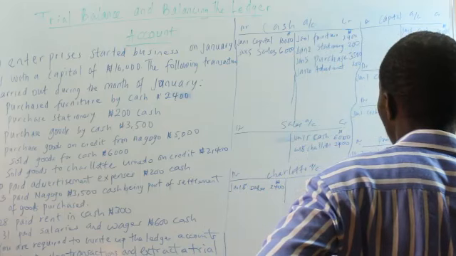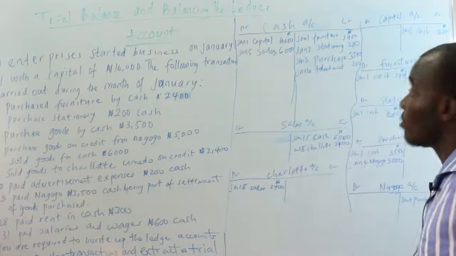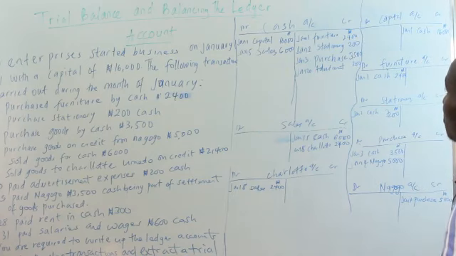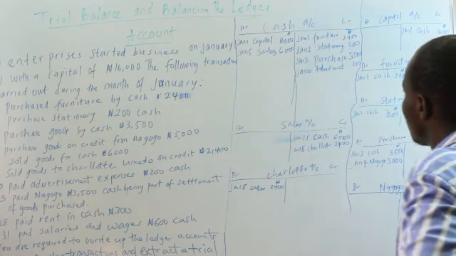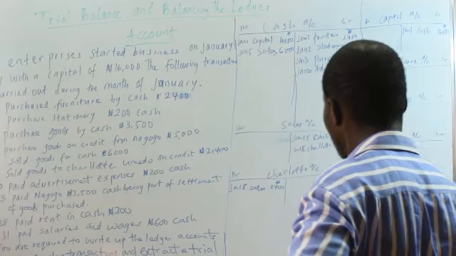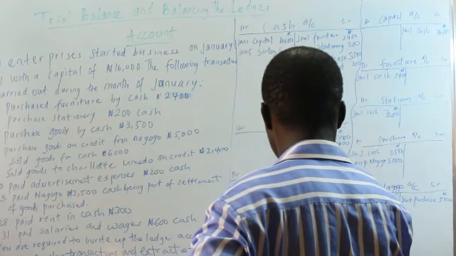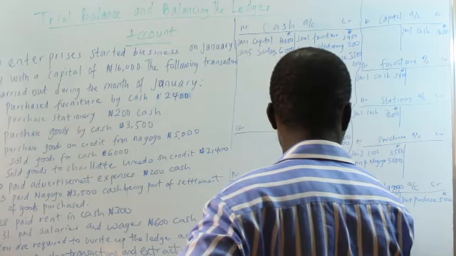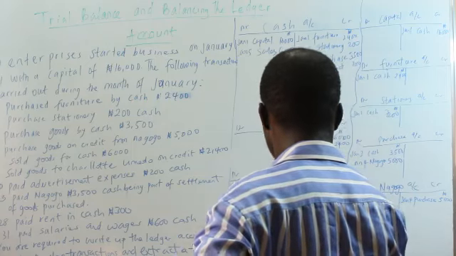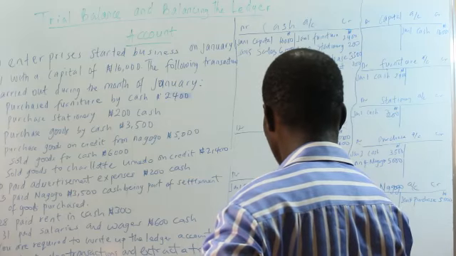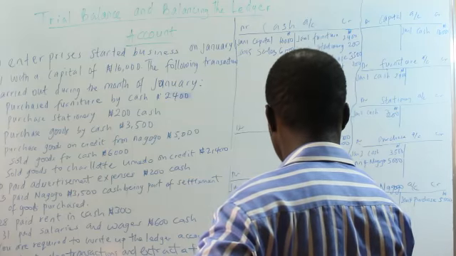Thereafter we have to debit the advertisement account. So we have January 20, cash, 200 naira.